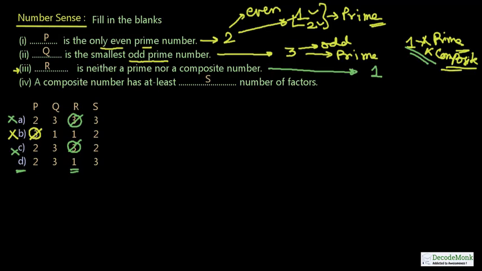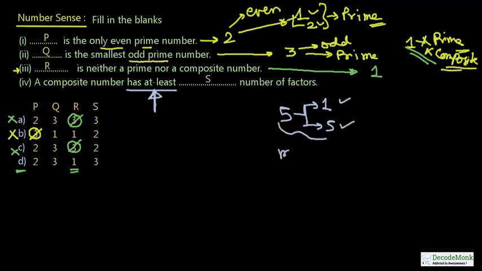A composite number has at least dash number of factors. Please concentrate on this line: at least S number of factors. If you take a prime number, suppose 5, how many factors does it have? 1 and 5, that is, 1 and the number itself, and this is true for any number.